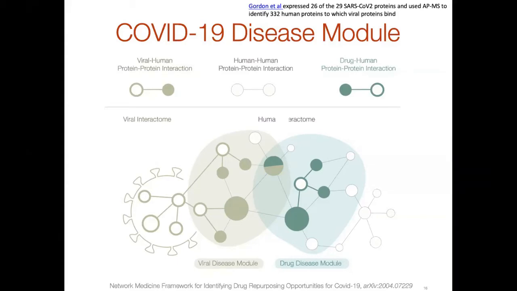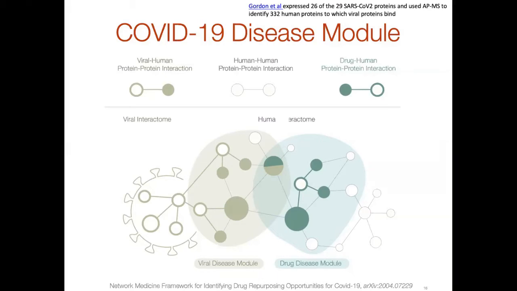We used those proteins to define a COVID-19 disease module, which is a subgraph shown here on this schematic as a viral disease module. It's a subgraph of the protein interaction network that is defined on those COVID-19 associated genes.